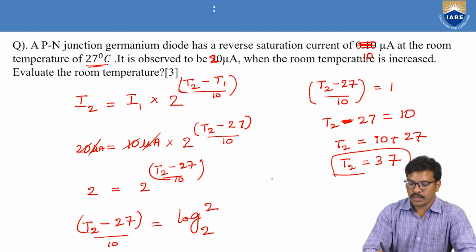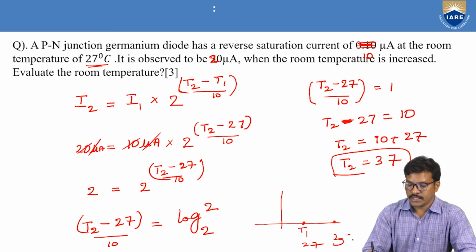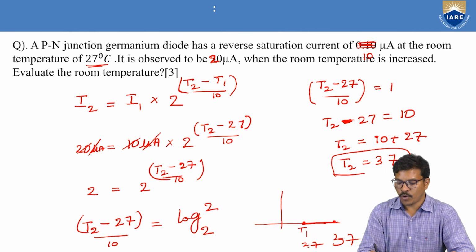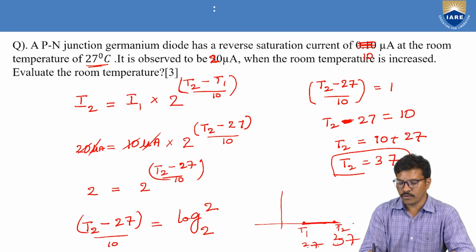So when we increase our temperature in the graph, T1 27, T2 37, every 10 degrees Celsius, from 27 to 37, the change in the temperature T2 minus T1 is equal to delta 10.